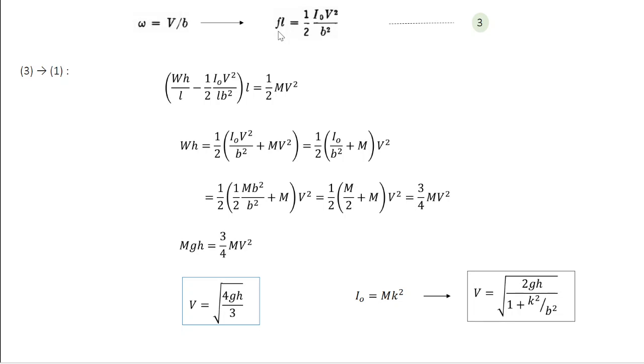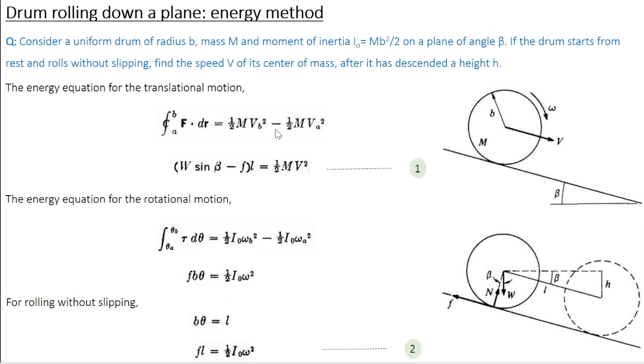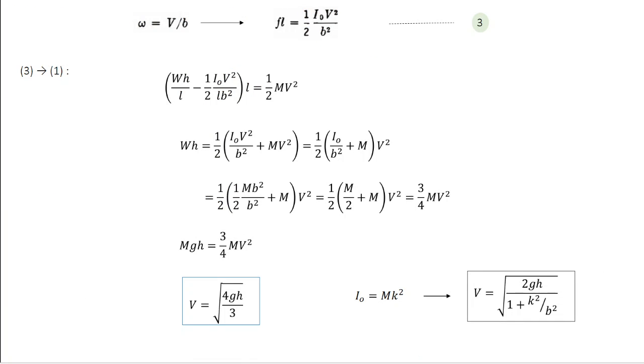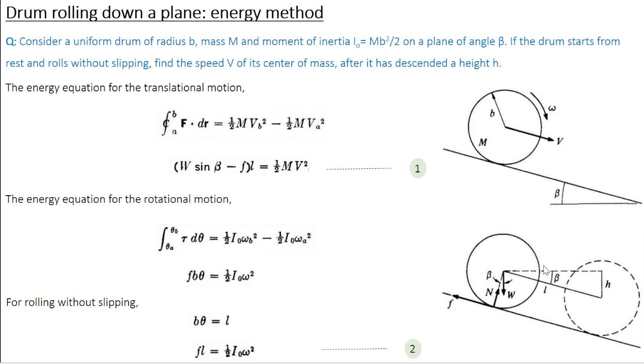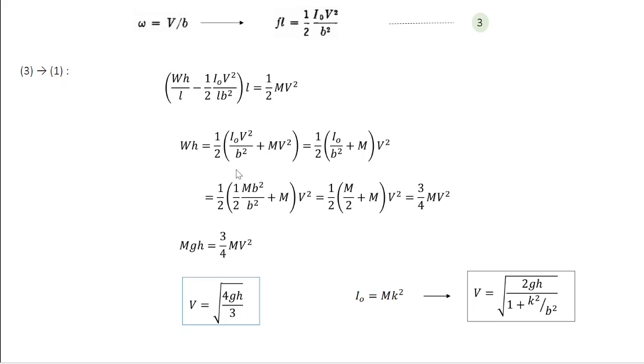Now substitute for FL in the first equation. Sine beta equals h by L. So W into h by L minus F, which is half I naught v square by L b square, into L equals half mv square. So this is the first equation in terms of equation 3.